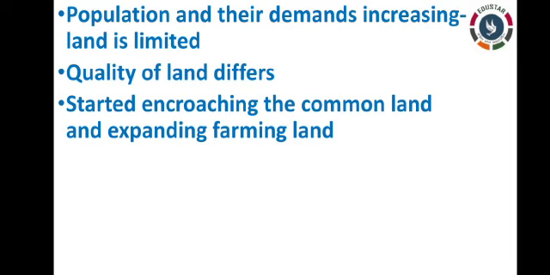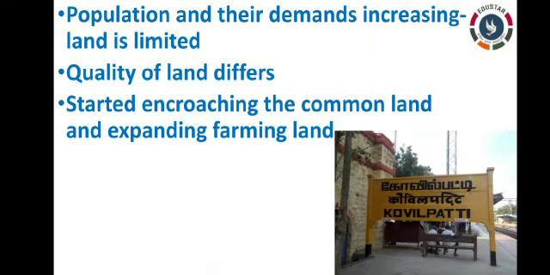As there is demand to build commercial areas and housing complexes in urban areas, people started encroaching, that is, taking charge of common lands to build their houses. On the other hand, people in rural areas have started expanding their agricultural land.